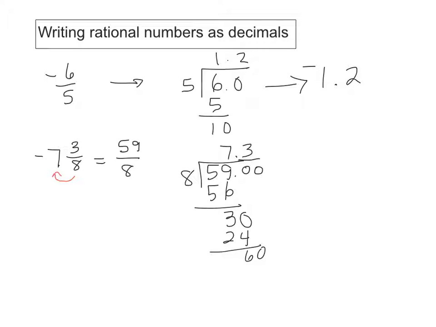So we're going to get a 0. 8 goes into 60 7 times. 56, and then we get a 4. Bring down a 0. 8 will go into 40 5 times. And that is where our decimal terminates. Now because we had negative 7 3/8, this will be negative 7 and 375 thousandths.